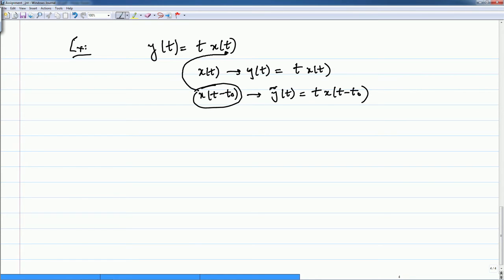I have to take that input x of t minus t naught and replace, instead of x of t in my input output equation, I should put x of t minus t naught. I am not allowed to touch anything else in the input output equation. Okay, so keep that in mind. If I have an input output equation involving an input signal x of t and I want to find the output corresponding to the input x of t minus t naught, wherever you have x of t, you have to put x of t minus t naught.